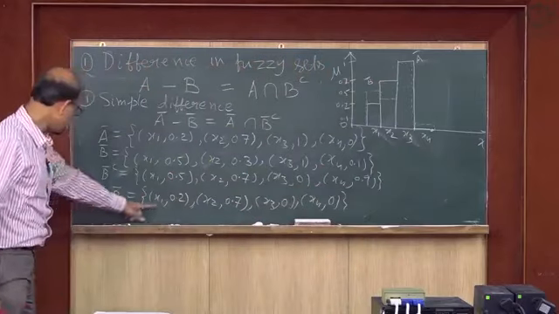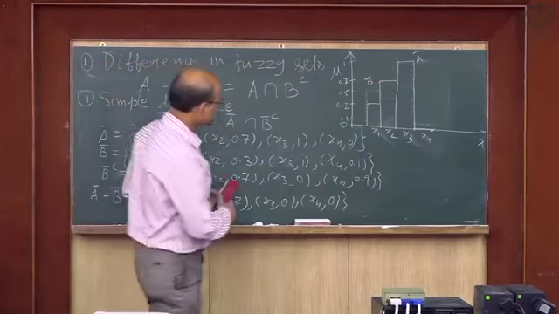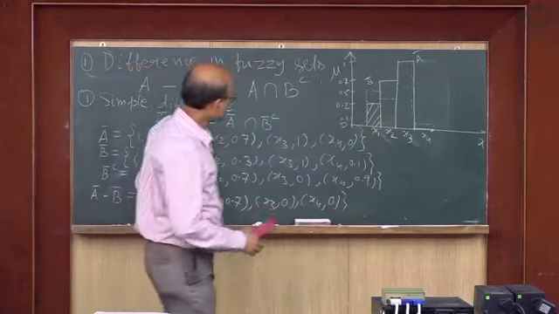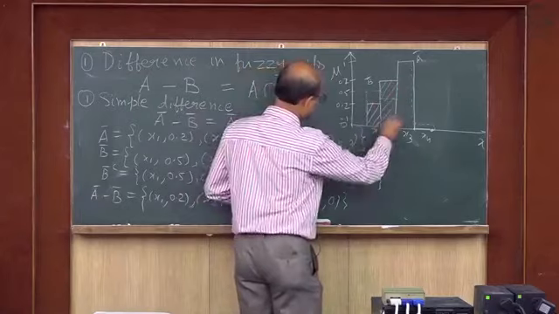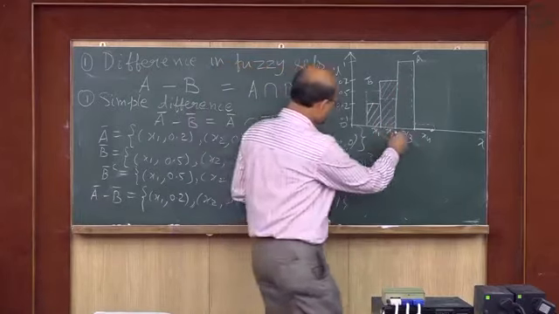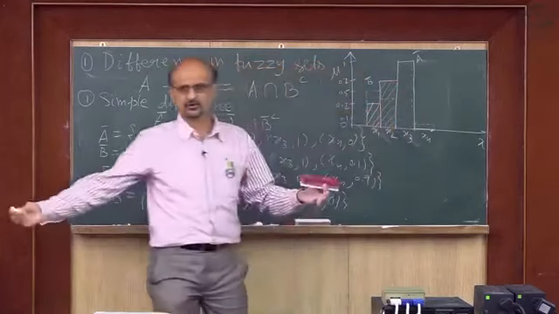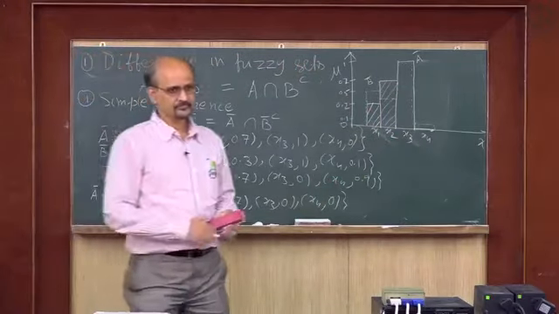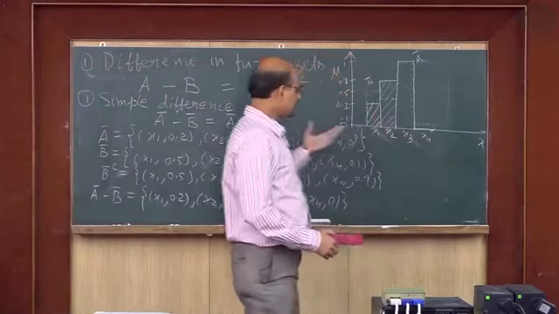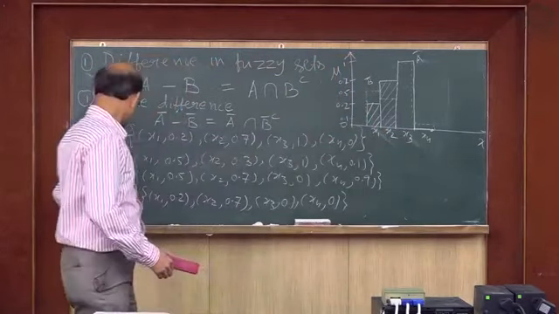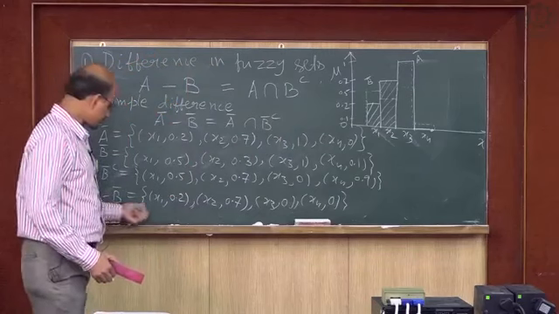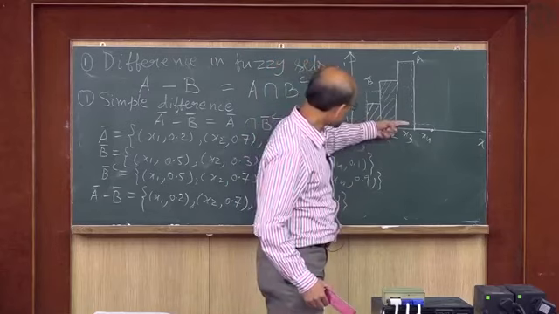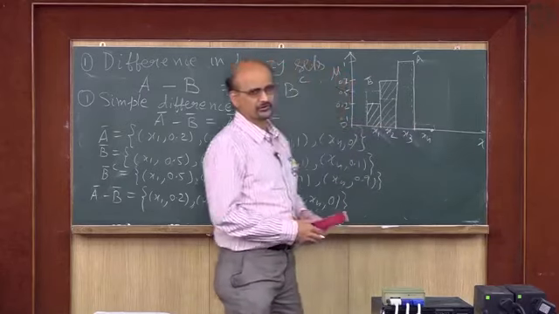Now, the difference you see x1 0.2, x2 0.7, x3 0, x4 0. So, this shaded region is your A bar minus B bar. Okay? This is simple difference of these two fuzzy sets, A bar minus B bar. You see here x3 0, x4 0. Okay? If you would have some x3 suppose 0.1, so accordingly you can draw.